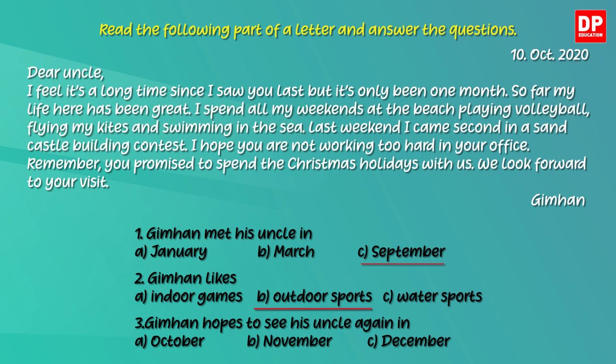When does he hope to meet his uncle again? Gimhan says his uncle has promised to spend the Christmas holidays with them. Now can you identify the implied meaning here? It is December, as they hope to spend Christmas holidays together. So what is the answer you have to underline? It is C, December. I hope you could get all correct.